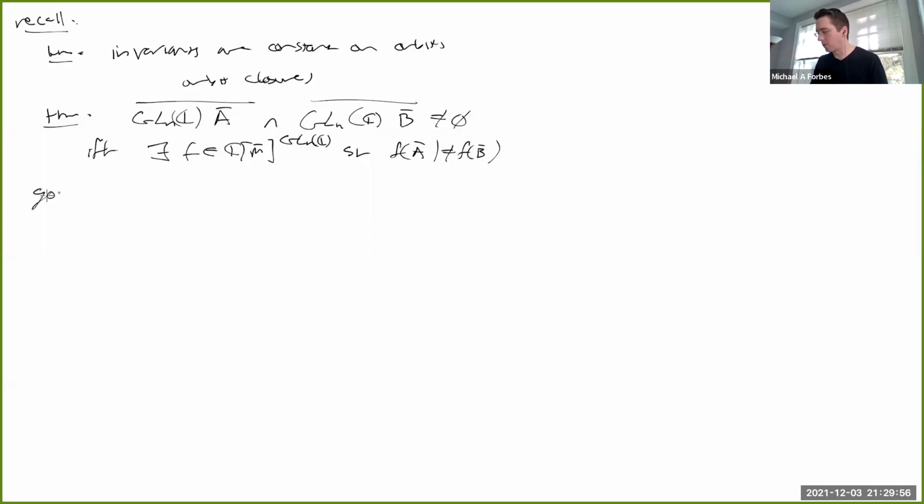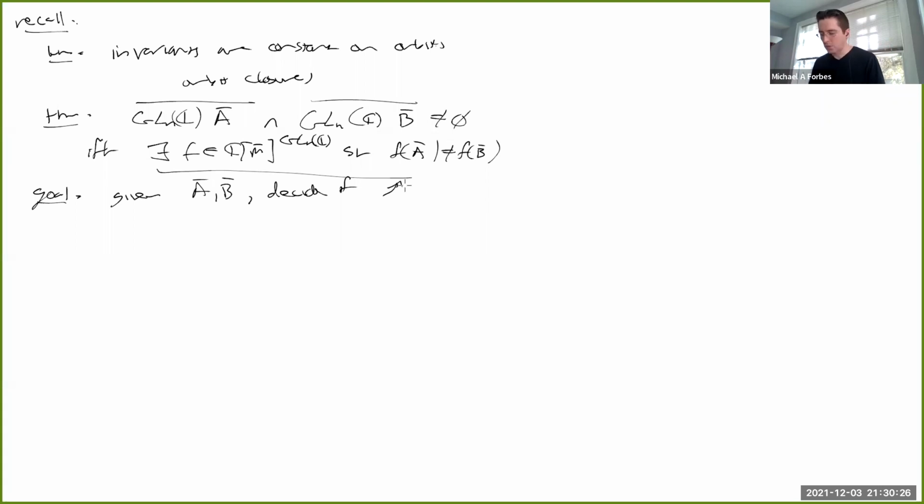So the particular goal that Melanie asked is, given two tuples A and B, decide if there exists an invariant that separates them. So this is basically saying, do the orbit closures intersect or not? This is not quite exactly a dimension reduction result, but it's asking to classify orbit closure intersections in an algorithmic sense.